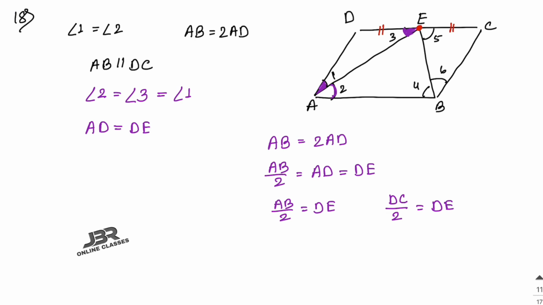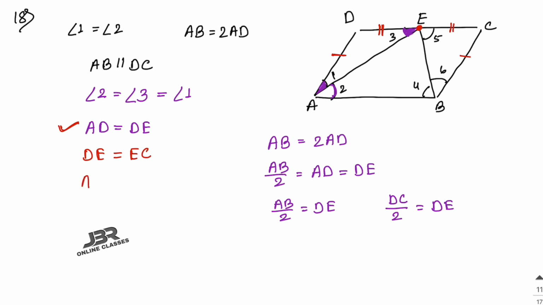Now the next one. AD is equal to BC, opposite sides. AD is equal to DE, and DE is equal to EC.